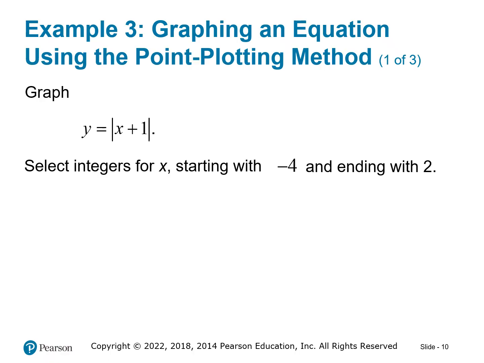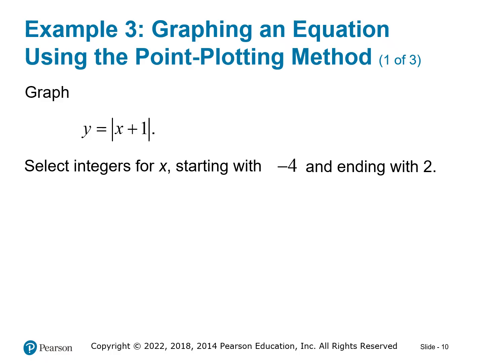So if we're going to graph an equation using a point plotting method, this is what we use our calculators for most of the time. So we're going to graph y equals the absolute value of x plus 1.